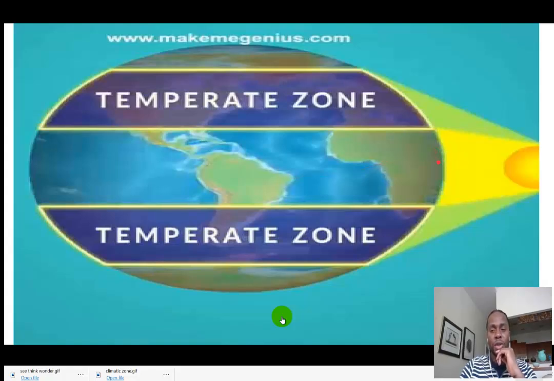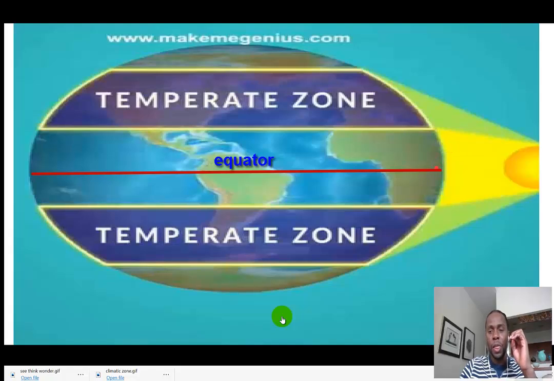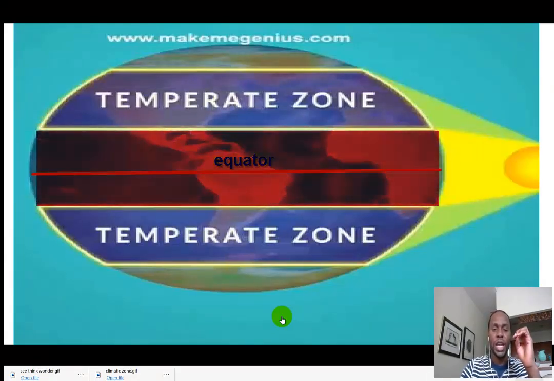So if this is the equator right at the middle, cutting the Earth into northern and southern hemisphere, the Sun is always directly, with so much intensity, on the equator or on the Tropic of Cancer or on the Tropic of Capricorn. Because of that, there is so much light intensity and so much heat intensity around the equator.